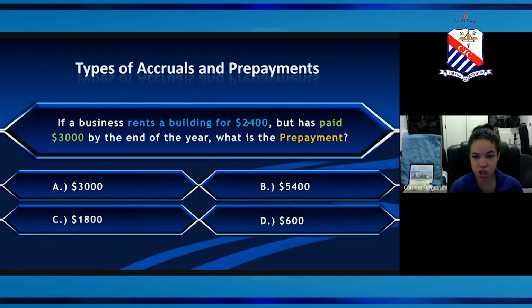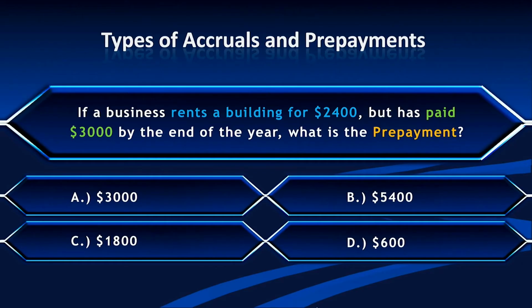So this is the information you're always looking for with accruals and prepayments: the amount incurred and the amount paid. And if the amount paid is more than the amount incurred, you know you have a prepayment. And how much the prepayment is, is always the difference between the two.